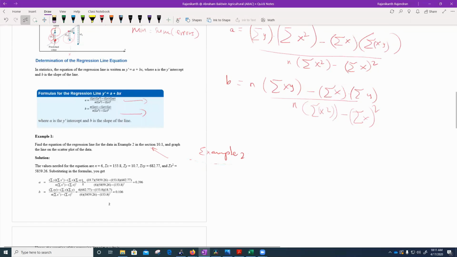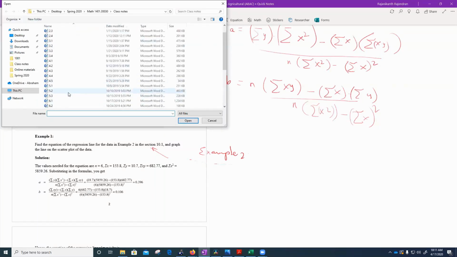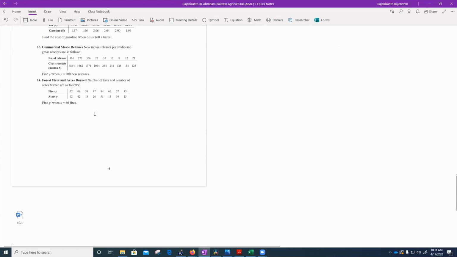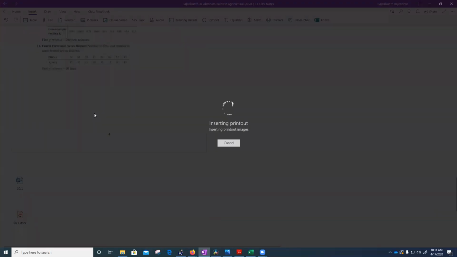Then we had the data values. Do you remember? Okay. So if you want, I could insert that, this is 10.1. So let me go through that problem.